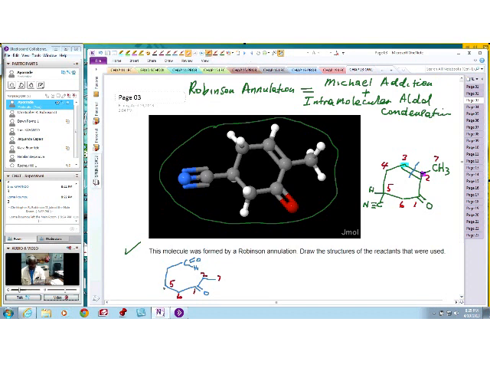Let me go ahead and put that here. I also have hydrogen here. And then this is carbon 4, and then this is carbon 3. Let me draw this molecule a little better than what we have here so you can see it better. So therefore, this is what we have.